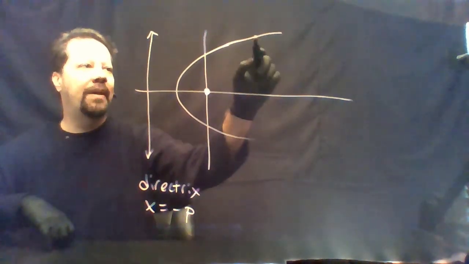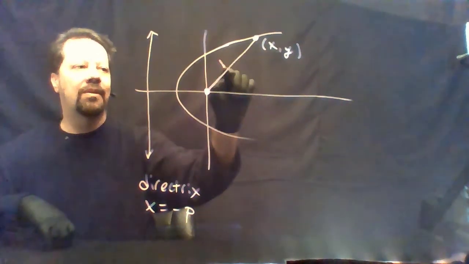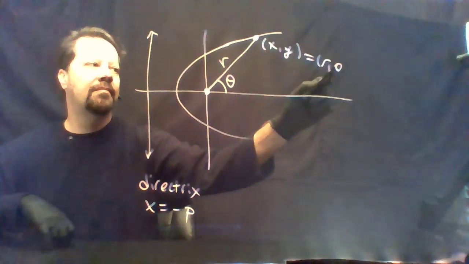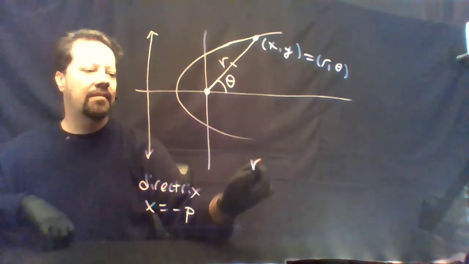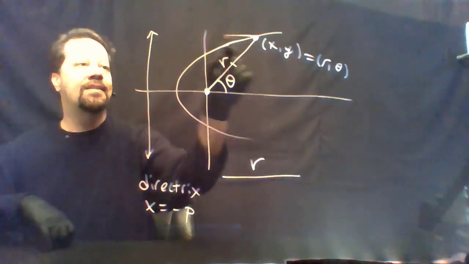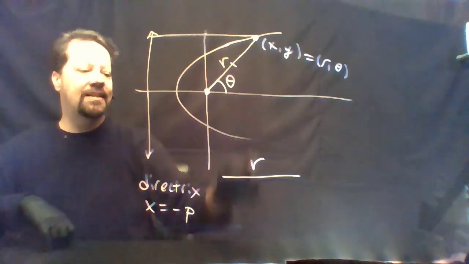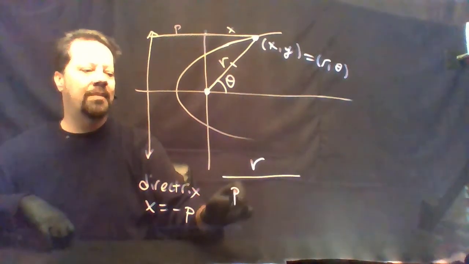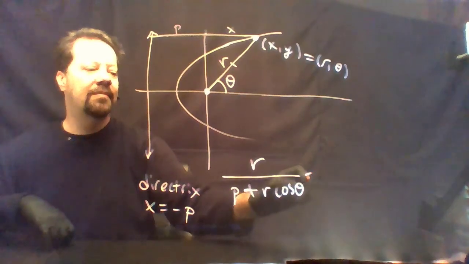If we have some point xy, also called r theta, then the first distance is r. That has to have a ratio with this second distance, which is p plus x, but x is r cosine theta.